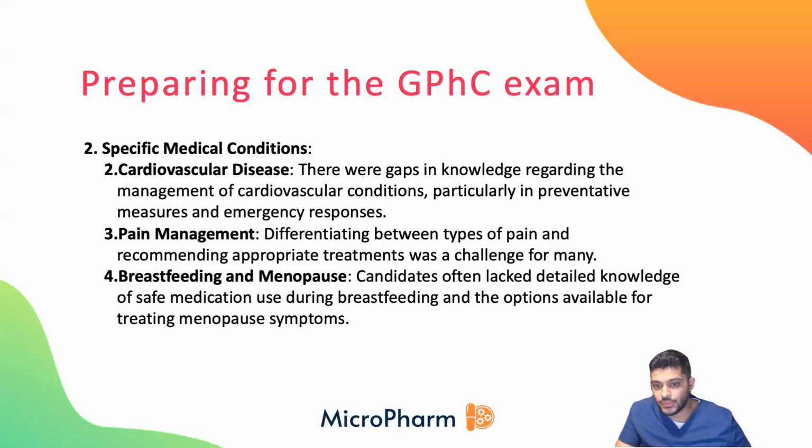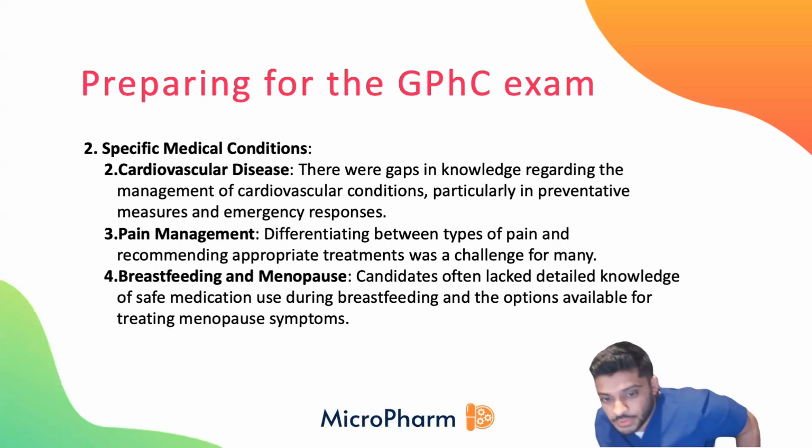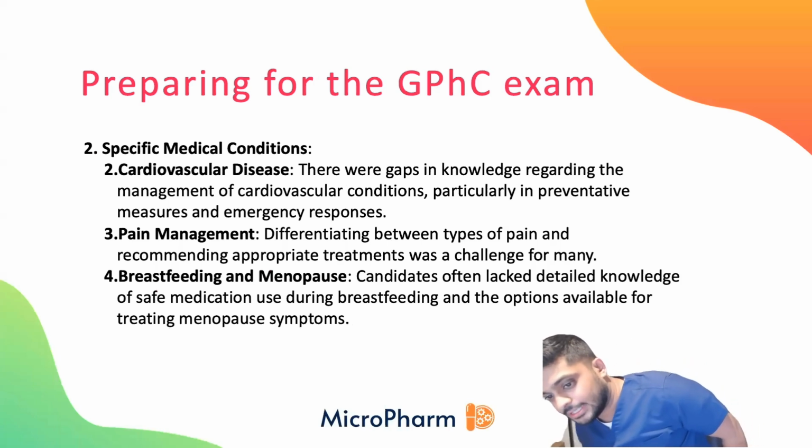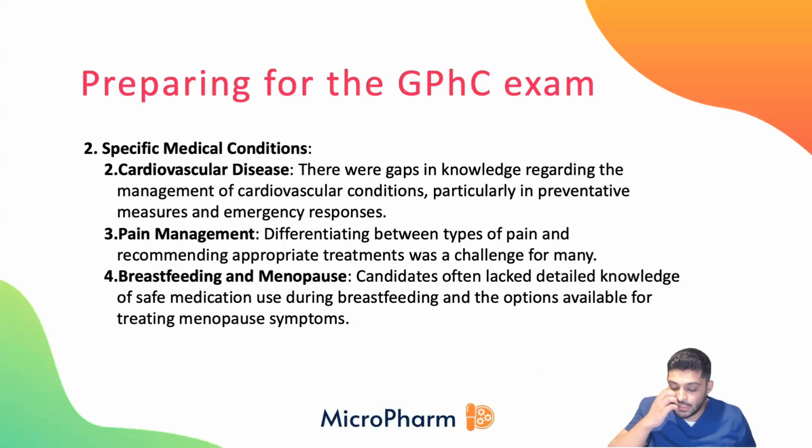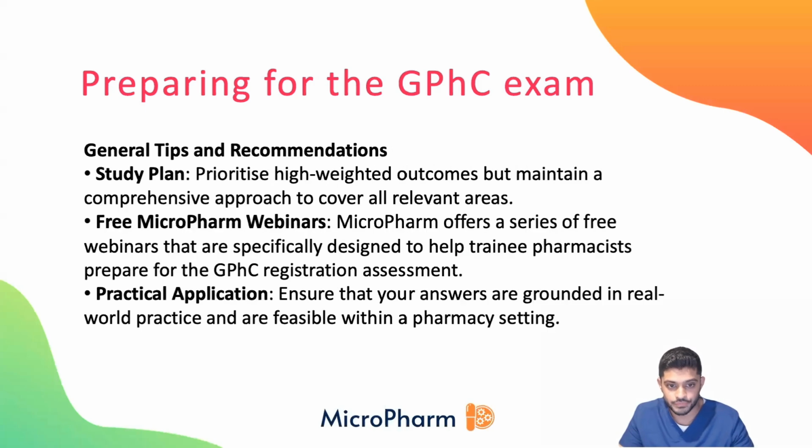Pain management: people struggle with differences between pain and recommending appropriate treatment. Where does pain fall in the BNF? And breastfeeding and menopause, this happens every year. People often make mistakes when it comes to breastfeeding and menopause, so knowing about treatment of conditions during breastfeeding like mastitis is very important as well.